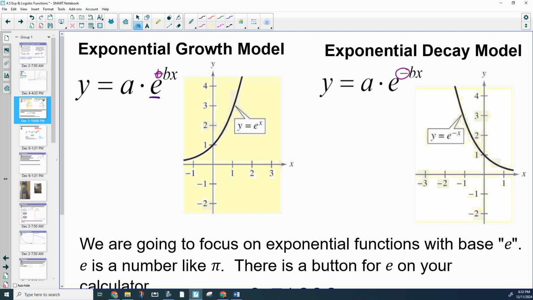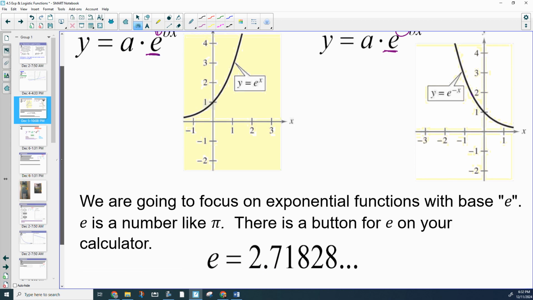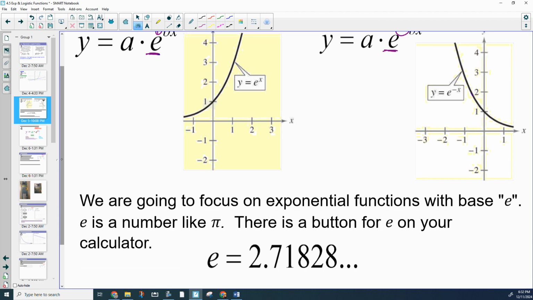We also need to understand the E value. E is just a number, kind of like on our calculator we have pi. There's a button for that. There is also a button for E on your calculator, and E represents approximately 2.71828.